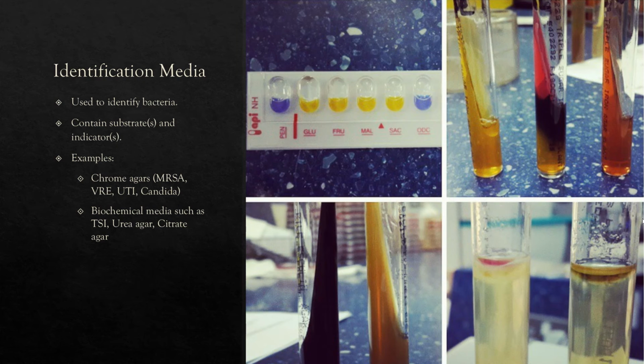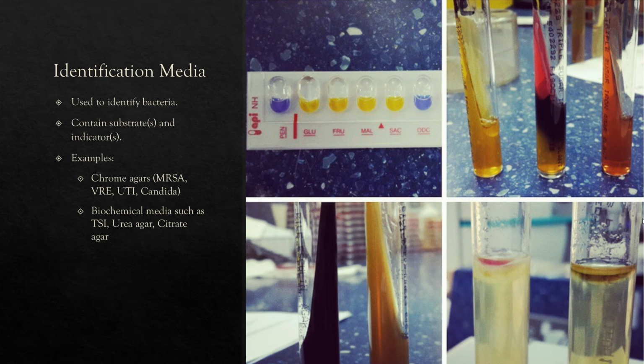The next one is identification media. This media is basically used to identify bacteria, and it contains indicators and substrates. The color of the medium is changed because of the indicator added to the medium. Examples of identification media are chrome agars. The chrome agars are of different types.